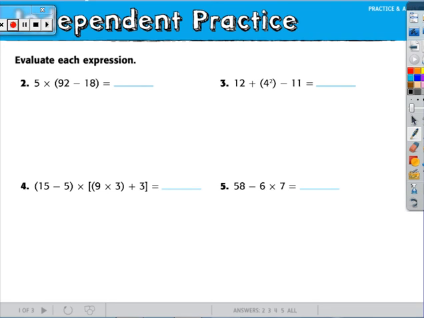Okay. We're going to evaluate some expressions. Your homework for tonight is going to be the independent practice, 2 through 16 on page 489 and 490. Okay? I am going to work the first one with you because there's a certain way that I want you to show your work.